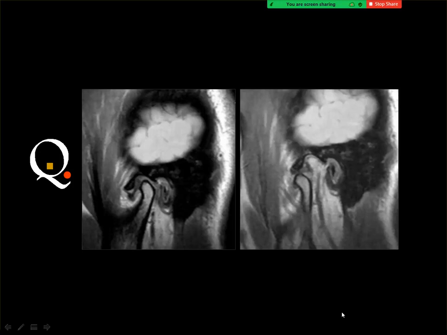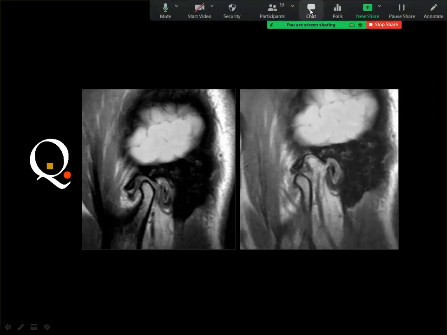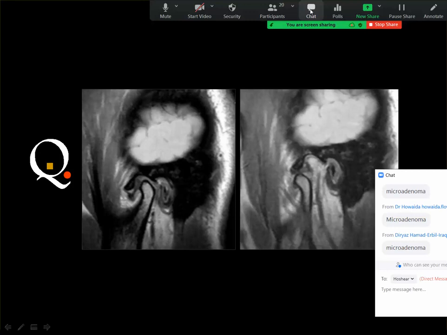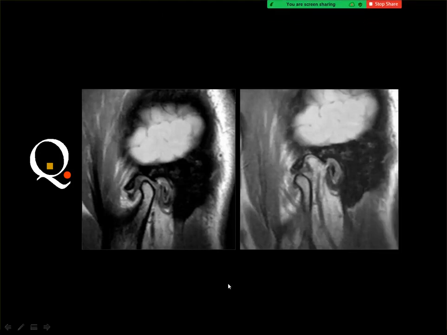This is MRI of the temporomandibular joint. Anterior dislocation with reduction, yes, this is the right answer.